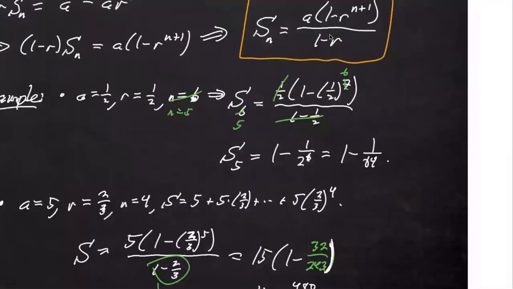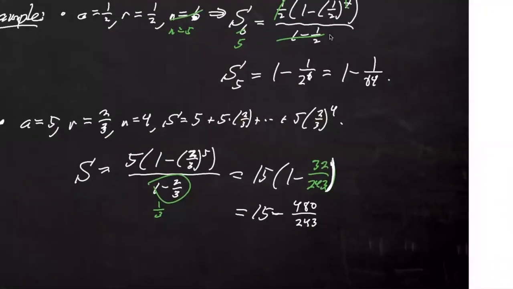And here, this is 15 minus 480 over 243, but I can factor 3 out of the top and bottom and get 15 minus 160 over 81.